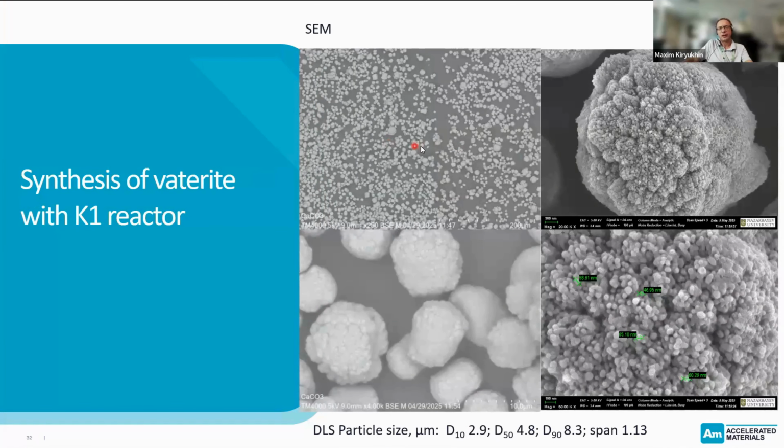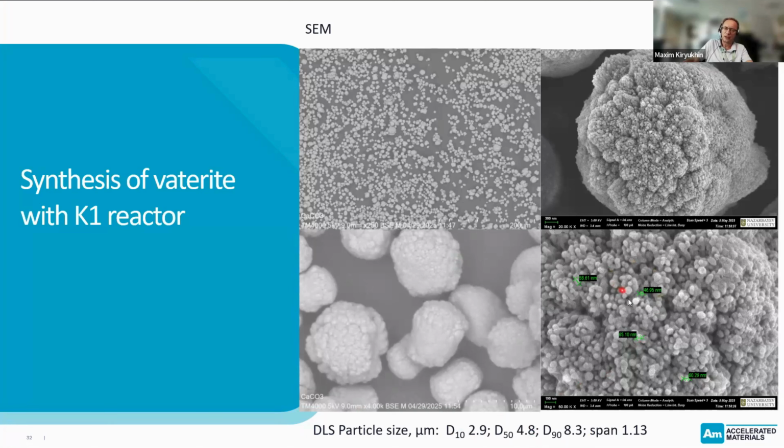Here you can see the SEM images of those particles. They are mostly spherical, and these particles are in the micrometer range. These are the dimensions which we get from DLS, with D50 around 5 micrometers.